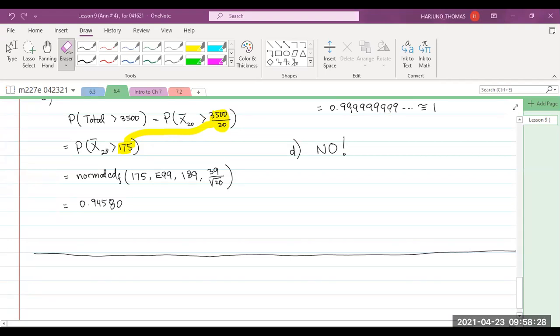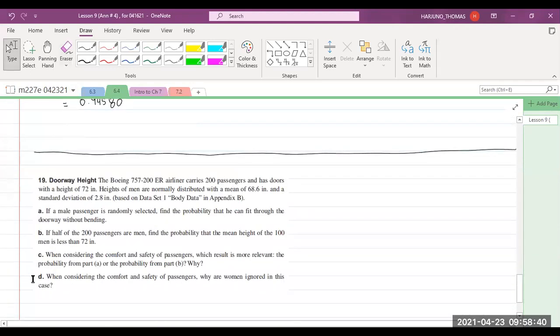Doorway height of Boeing 757-200ER. I more or less follow the airplane history and construction. This ER stands for extended range.